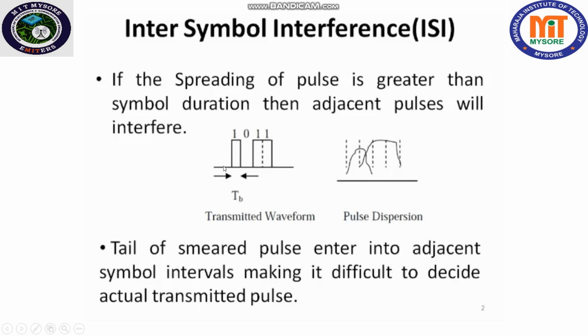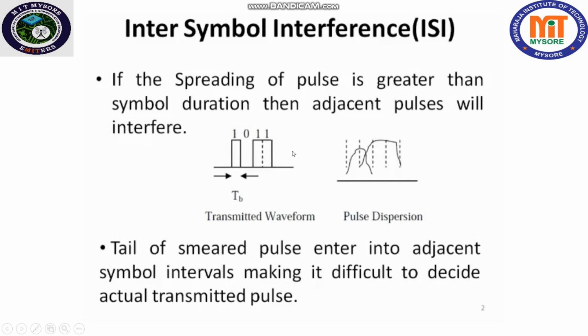Coming to intersymbol interference, when we transmit a digital sequence, say this is the sequence 1011 we have transmitted. The time duration of a pulse is TB. As it goes through the channel, spreading of the signal happens.